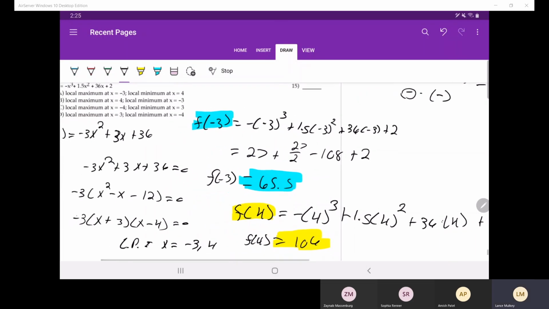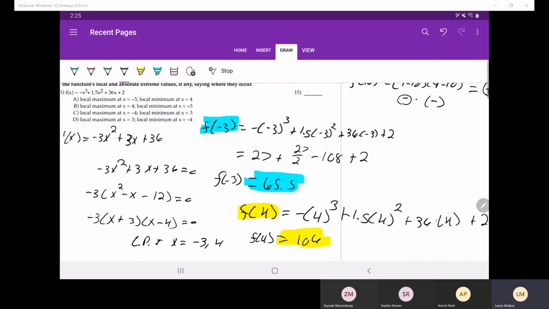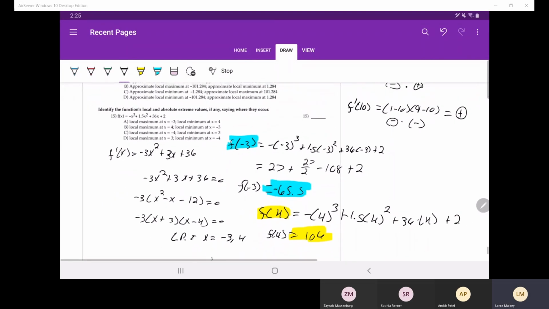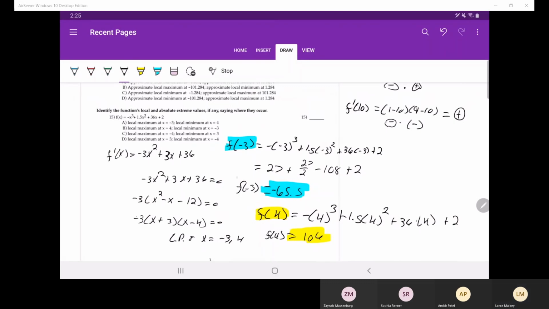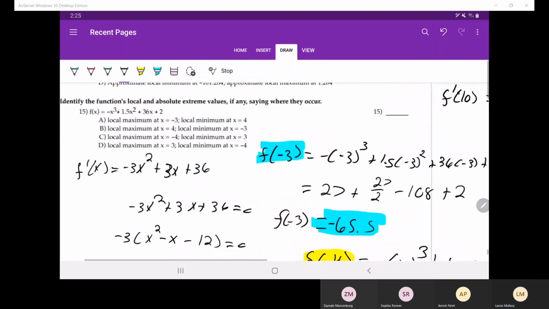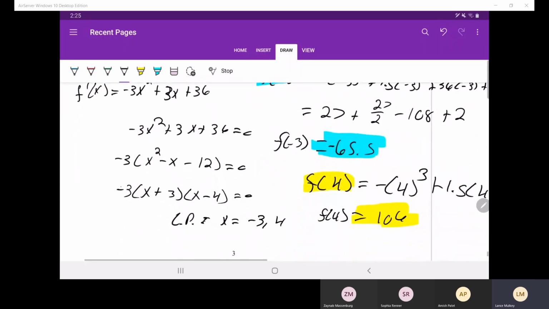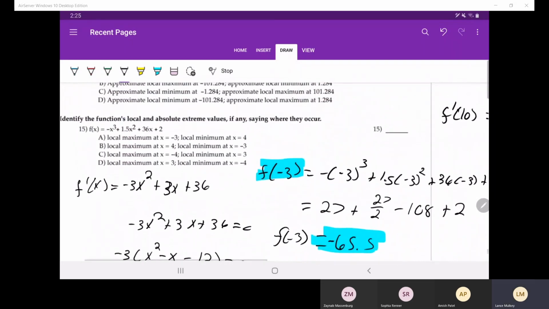So we know that it's negative. That's what was throwing me off. That's probably why it was throwing you off. So we know that there's a minimum at f of negative 3. So at x equals negative 3, there's a local minimum. There's a local maximum at x equals 4. So 106. So there's a maximum at x equals 4 and a minimum of negative 65.5 at x equals negative 3.